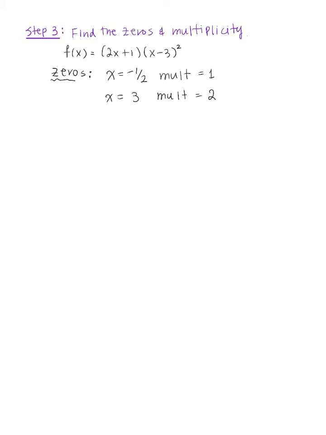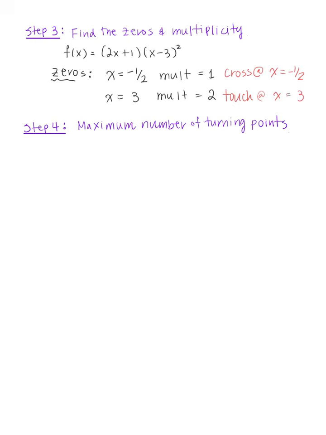It's not going to cross. Let me write that out. This means your graph's going to cross at x equals negative 1/2, and it's going to touch at x equals 3.